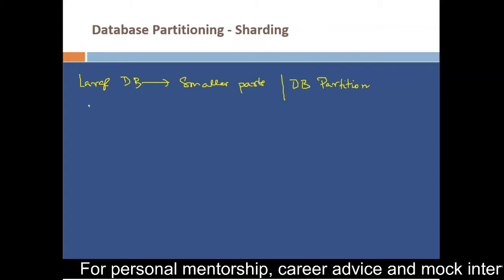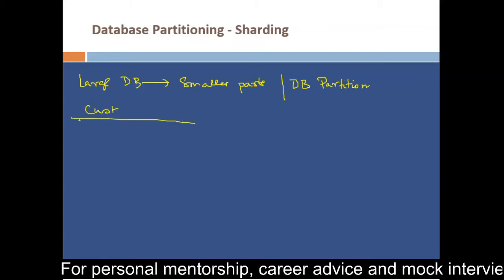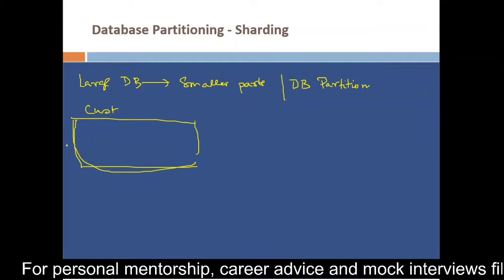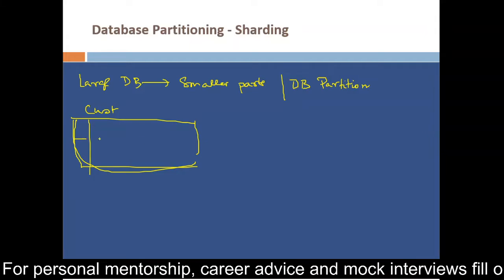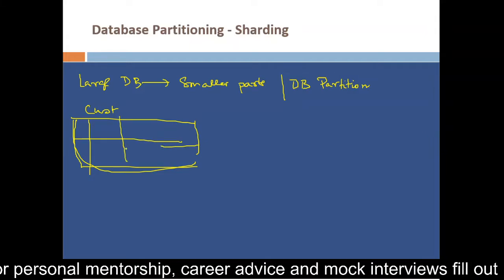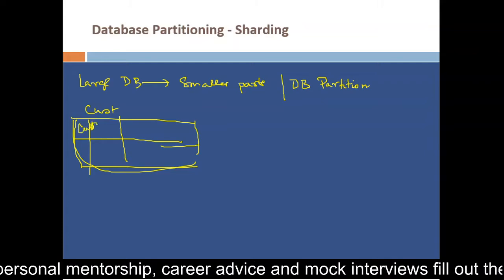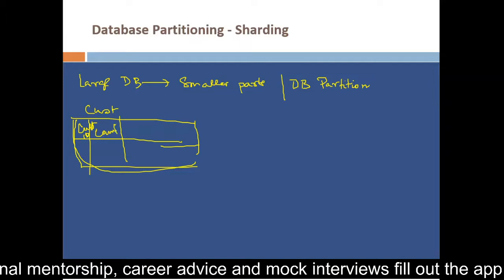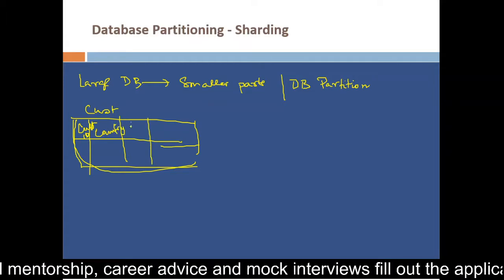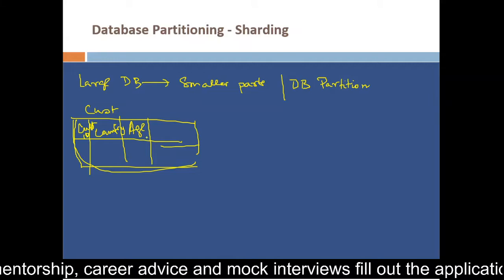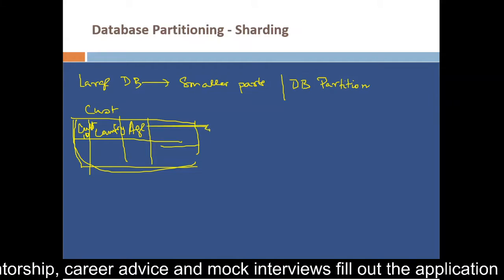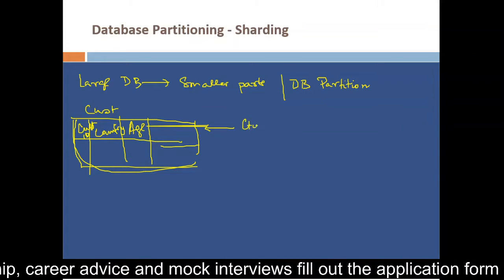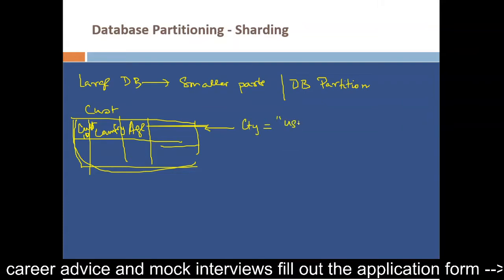So imagine that you have a table of customers. So you have information like the customer ID, his country, things like age or income, things like that. And what you're trying to do here is that you want to query only the customers whose country equals USA.